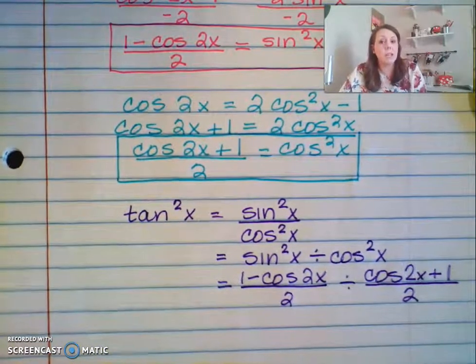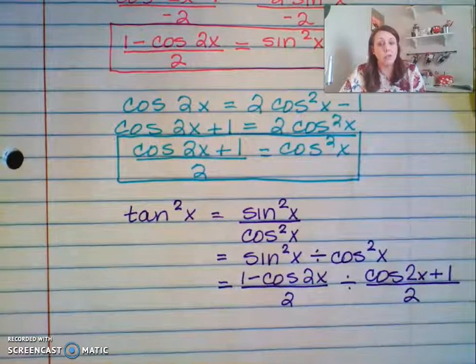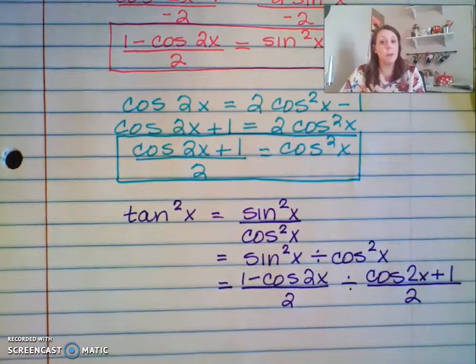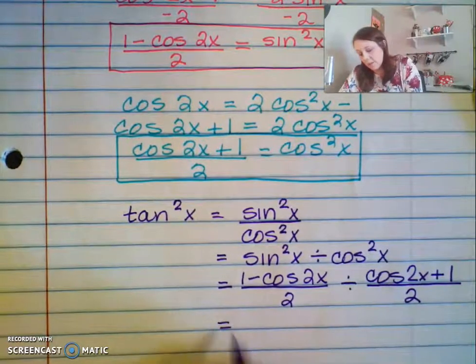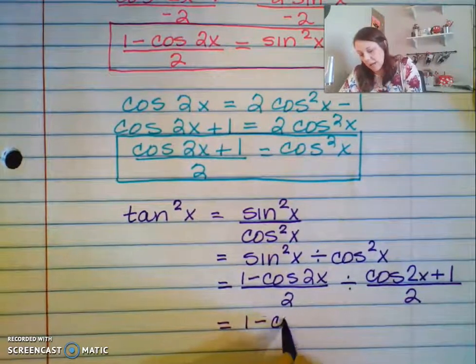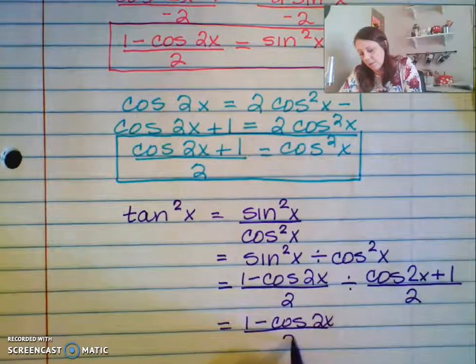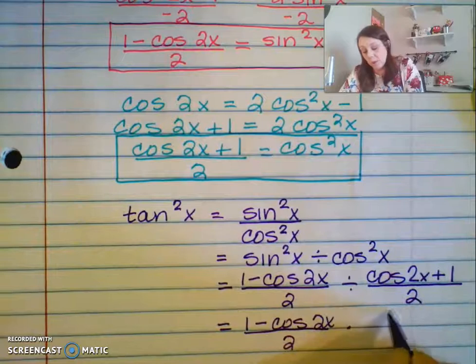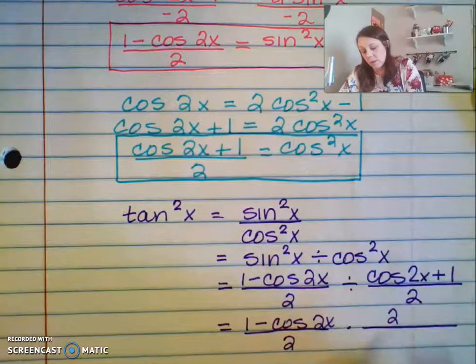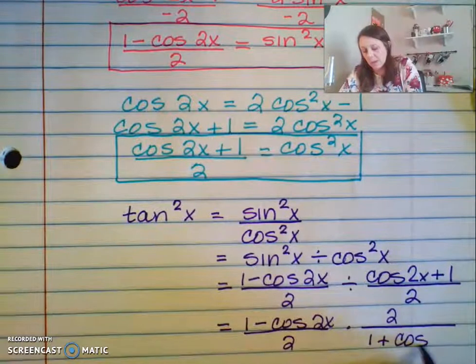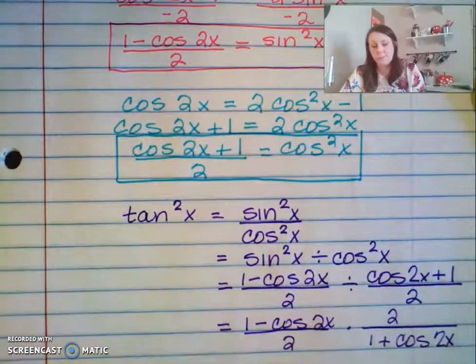Now, when it comes to dividing fractions, we know that to divide two fractions means you keep the first fraction the way it is and multiply by the reciprocal of the second. So in this case, that would look like this first fraction, 1 minus cosine 2x all over 2, times the reciprocal of the other, 2 over, and I'm going to go ahead and reverse those terms, 1 plus cosine 2x.